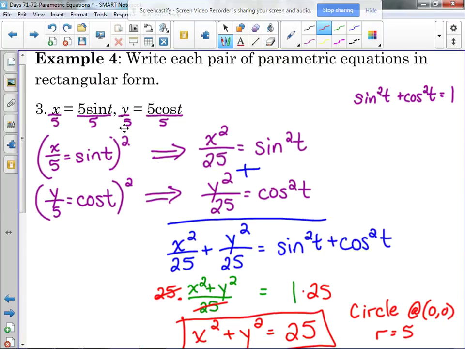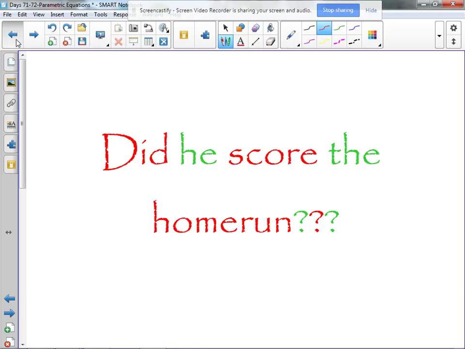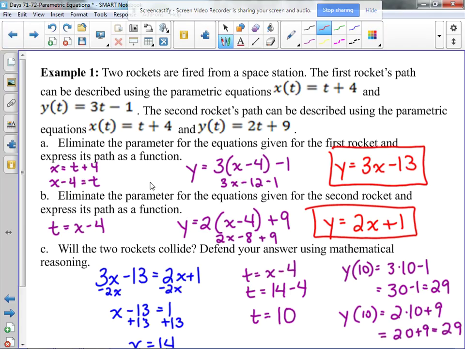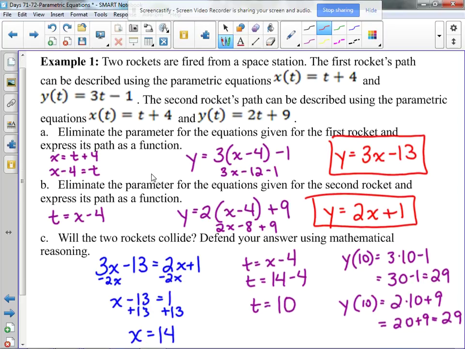Let me just remind you, we did some of these yesterday in example 1. It asked us to eliminate the parameter. That's another way of saying write it in rectangular form. This is parametric form when it's x of t and y of t. Rectangular form is when it just has x's and y's. In example 1, it was really easy.